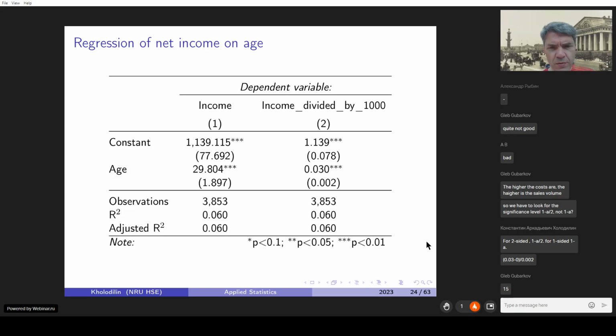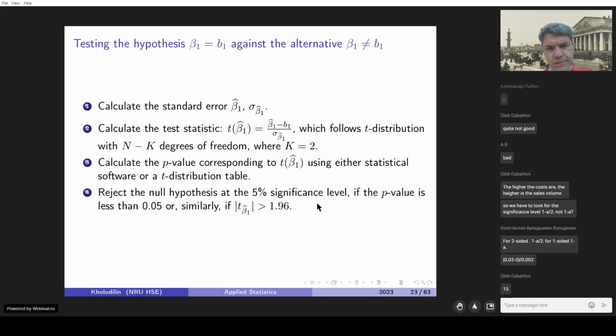So what we can do, we can take the absolute value. Well, in this case, it's the same because the coefficient is not negative. If the coefficient were negative, then we would take it with minus sign.